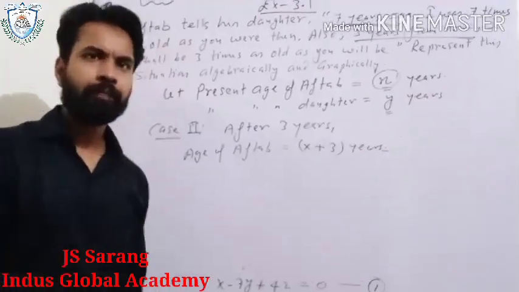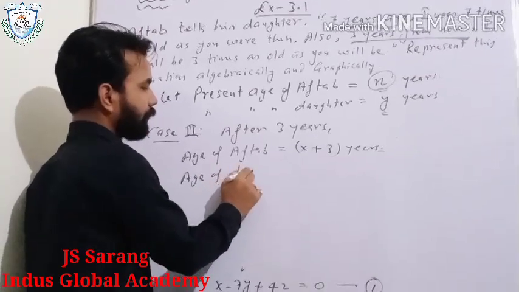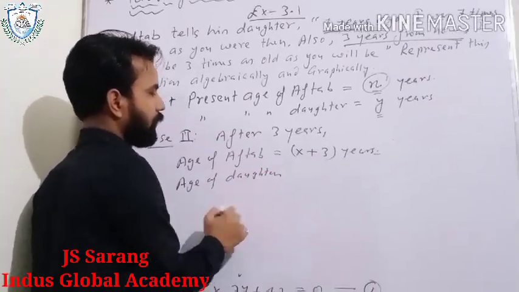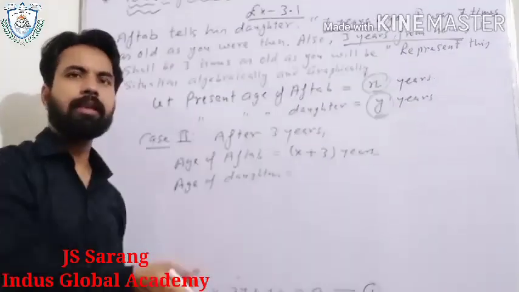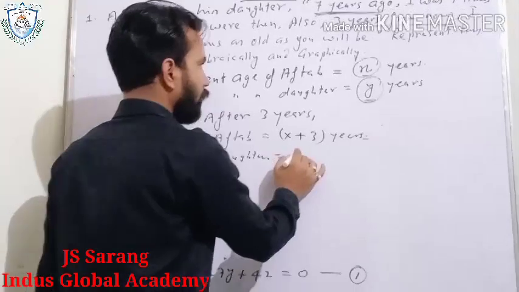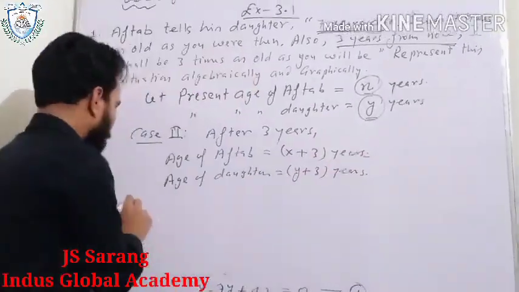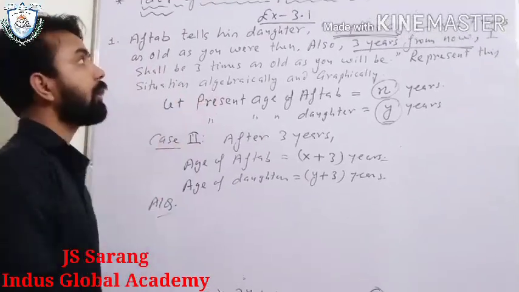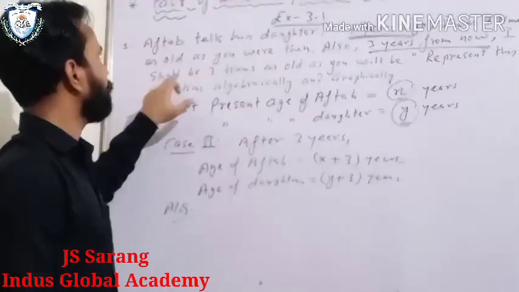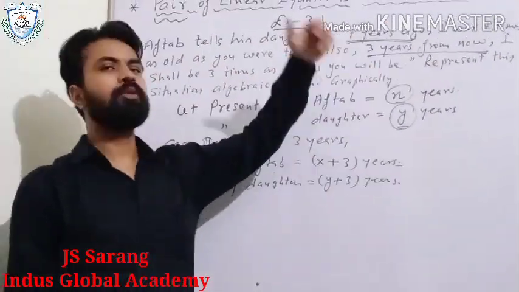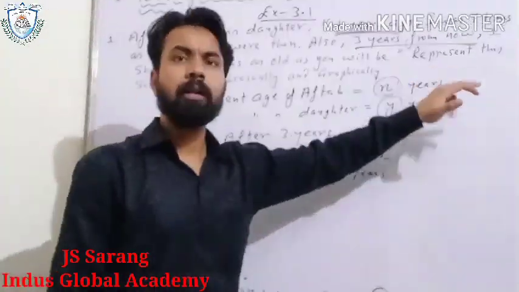Am I right? Okay. Now, the age of the daughter. The present age of the daughter is y years. So after 3 years, her age will be y plus 3 years. But the question says, 3 years from now, I shall be 3 times as old as you will be. I stands for Aftab.